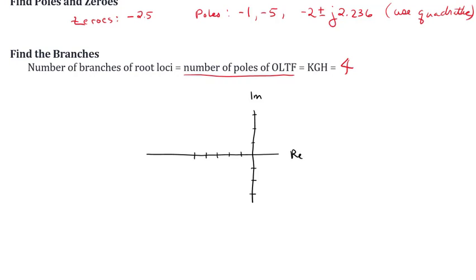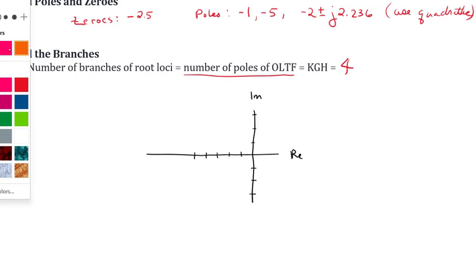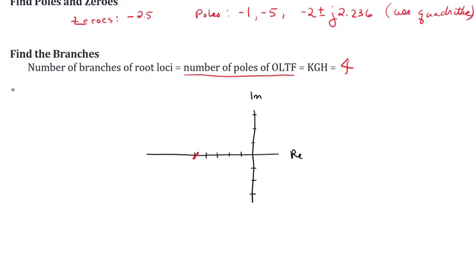And then let's go ahead and put in our poles and zeros. So we've got a pole at -5. We have a pole at -1. We've got a 0 at -2.5, so it's right there.